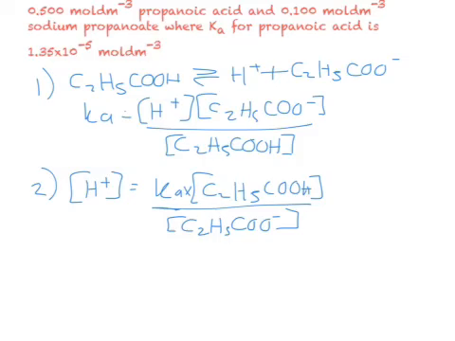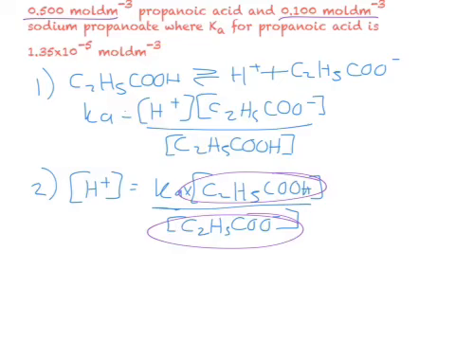All we have to do now is substitute the values for Ka and the concentrations, and remember that the propanoate ion here is fully dissociated, so it's going to be the same concentration as the sodium propanoate in the question, and the propanoic acid here is only slightly dissociated, so it's going to be the same as its initial concentration.